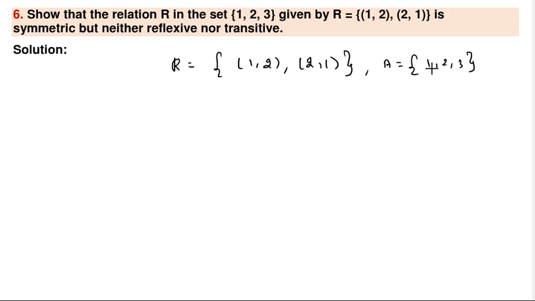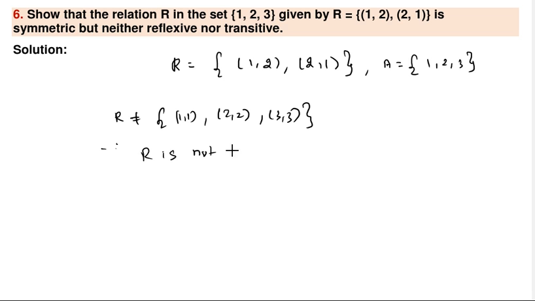So (1, 1), (2, 2) or (3, 3) does not belong to R. So R is not equal to {(1, 1), (2, 2), (3, 3)}, and therefore we can say R is not reflexive.